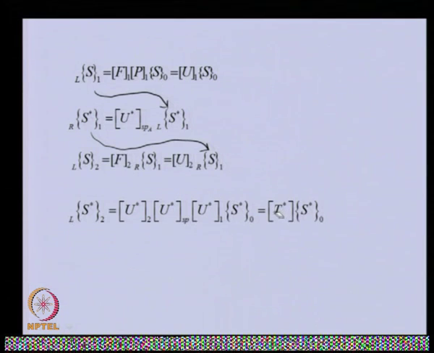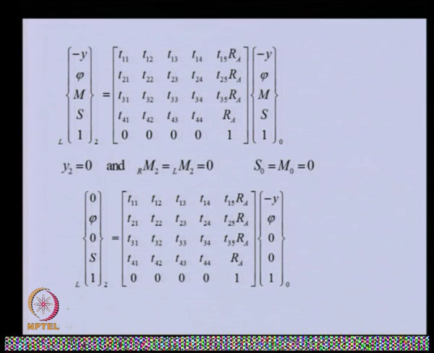Now, the form of the overall transfer matrix is very important here. If we multiply these matrices for all stations, we will see that the support reaction RA, which is unknown, will be coming in the last column like this.